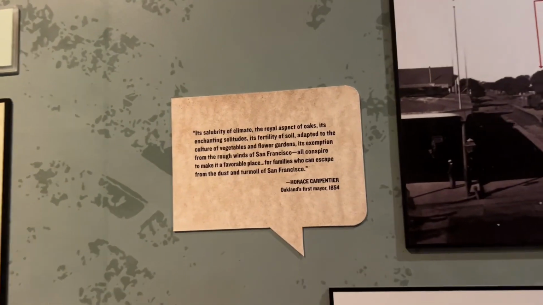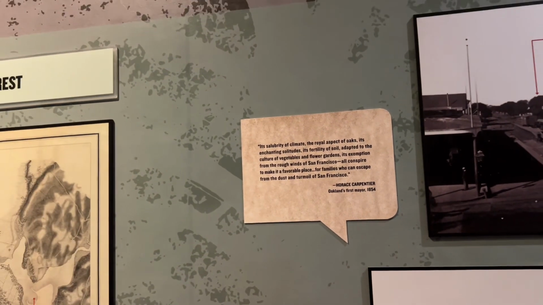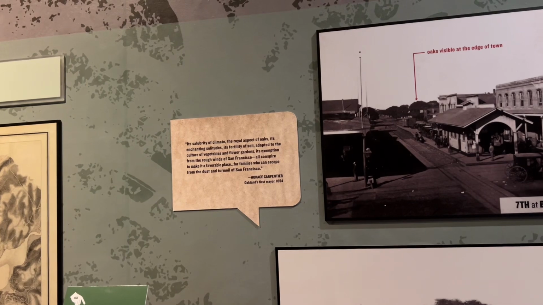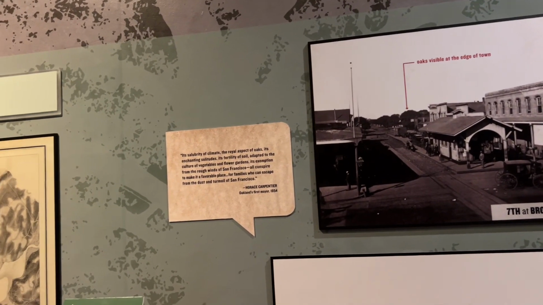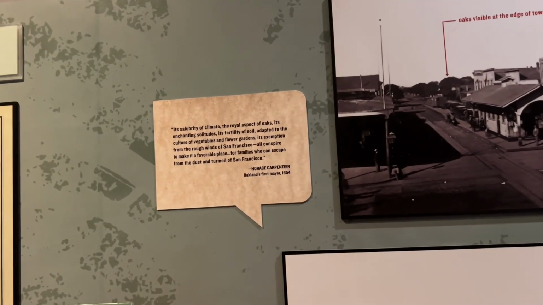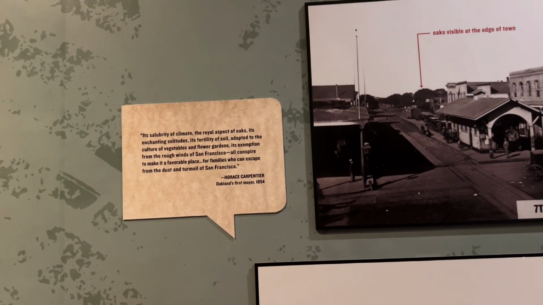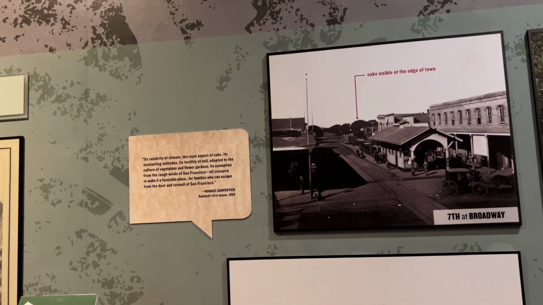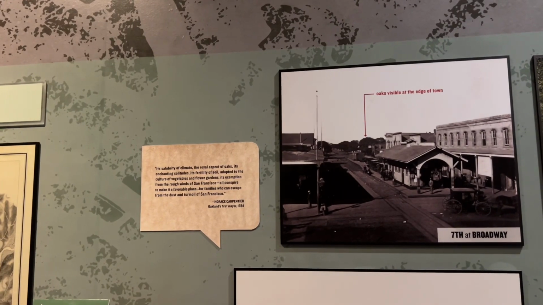And Horace Carpentier was the first mayor of Oakland. And he was very proud of the city, of course, because at that time, 1854, that was the gold rush, and San Francisco was busy, rushy, dusty, windy, cold.